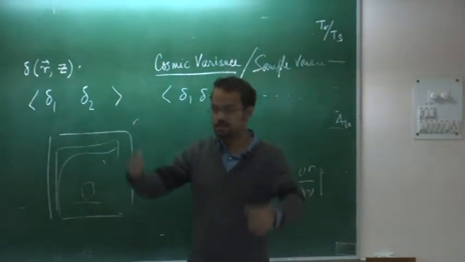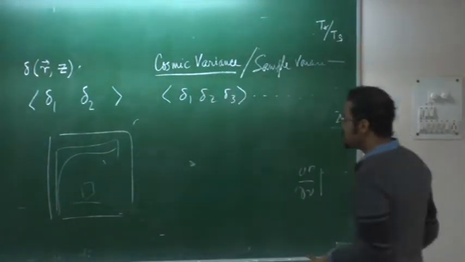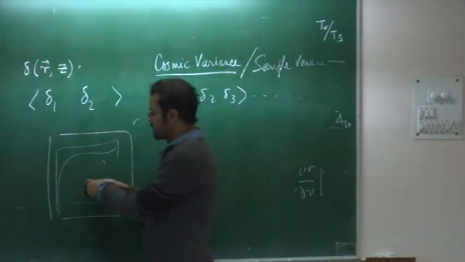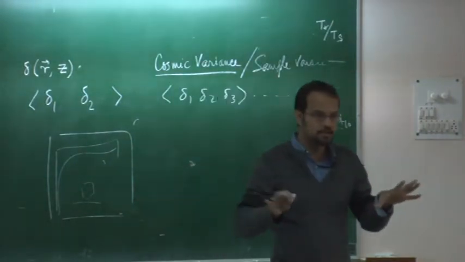So you would need a large box, but your universe, at least your visible universe, is finite, which means that if the box is large, then you cannot fit many boxes in there.